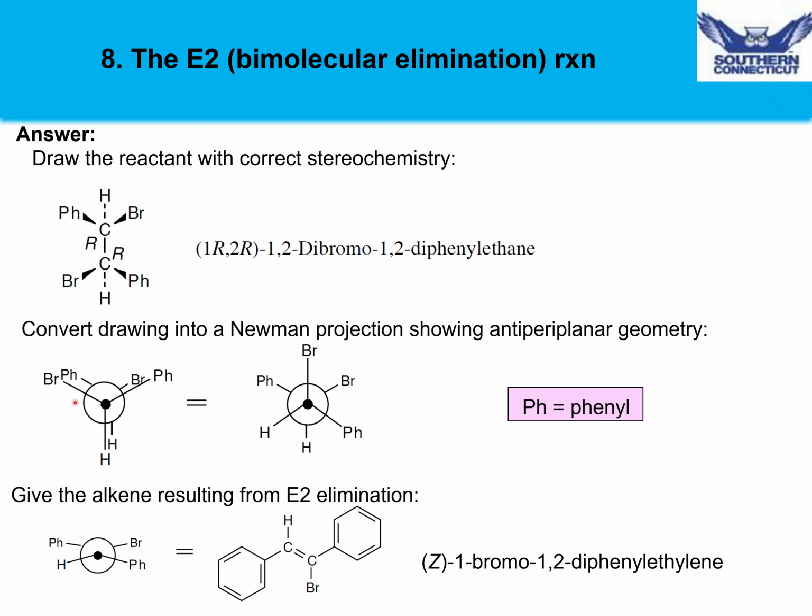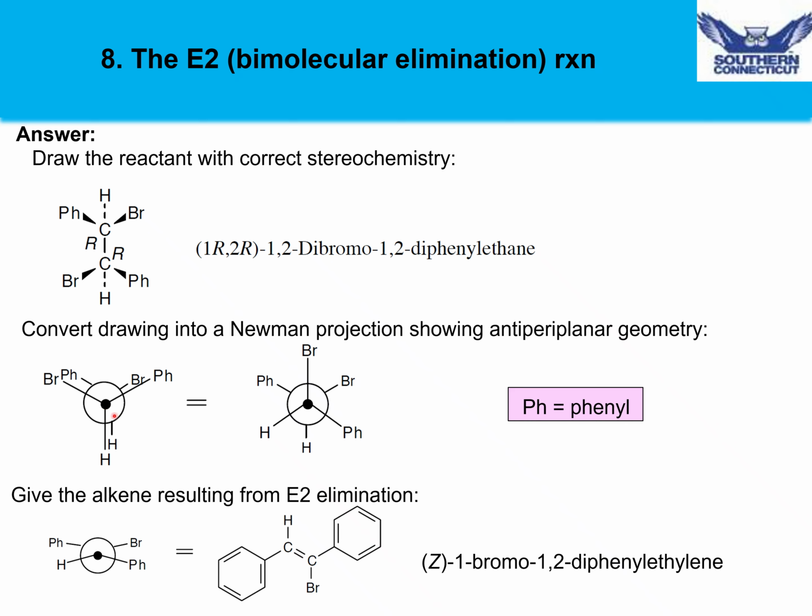So we have two options. But what we can't do is put this hydrogen, which is attached to the same carbon, anti to this bromine. It's always the hydrogen on an adjacent carbon to the carbon that has the bromine.